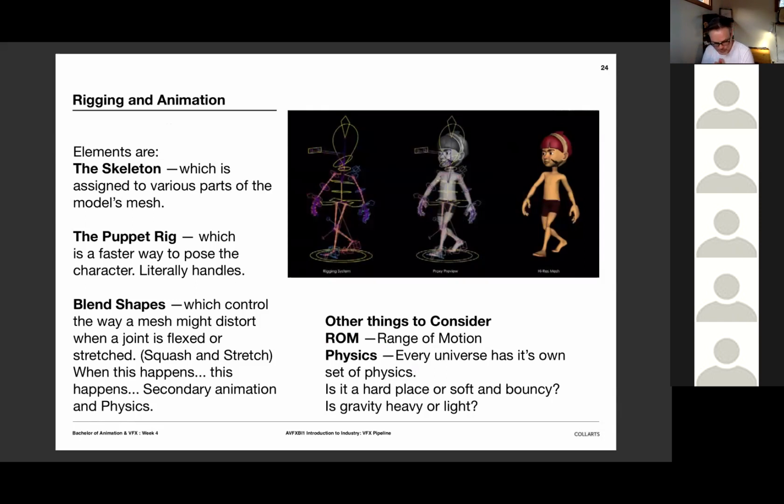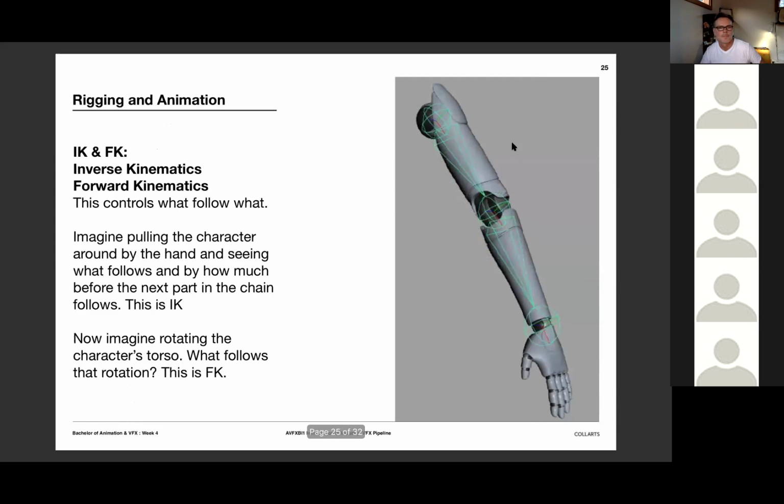One of the beautiful things about animation is that every world you're working in has its own set of physics and its own gravity. Is it a hard place or is it soft and bouncy? What does the gravity feel like in that environment? Those are some of the things that the rigging people have an input in.